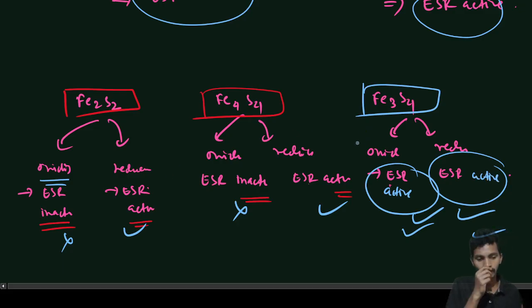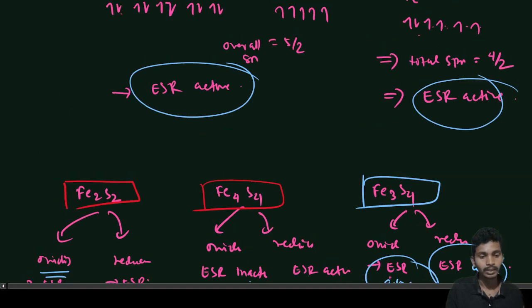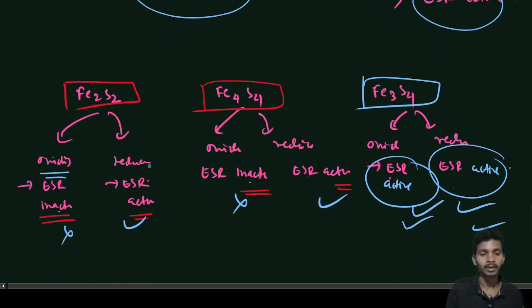So for Fe3S4, the oxidized and reduced forms are both active, but for Fe4S4 the oxidized is inactive, and for Fe2S2 also the oxidized is inactive. Okay, so this is about the non-heme proteins.